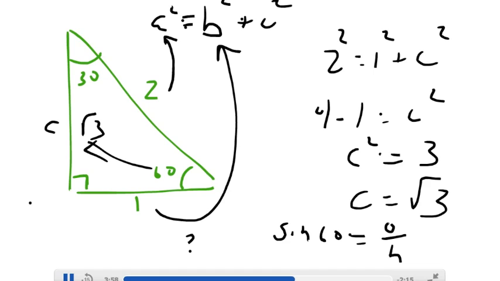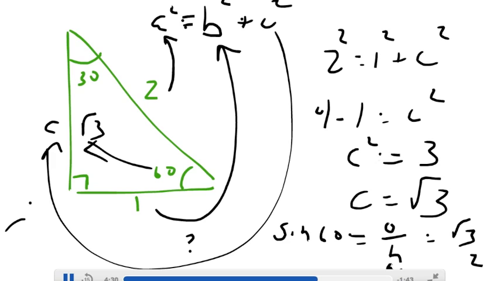Well, that's this one. So that's square root of 3. Hypotenuse is 2. So the sine of 60 degrees, or pi over 3, is square root of 3 over 2. If you look at your reference card, the sine of pi over 3 is square root of 3 over 2. The cosine of 60 is adjacent over hypotenuse, which is 1 over 2, 1/2.